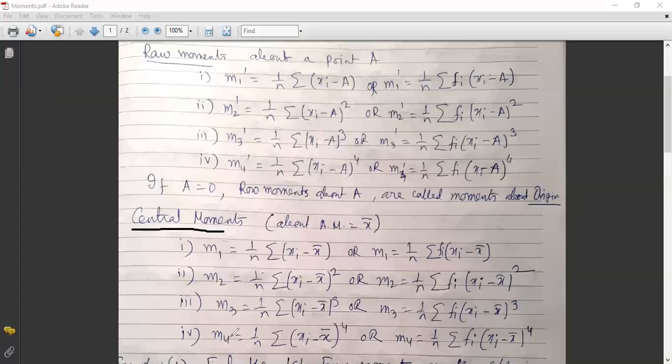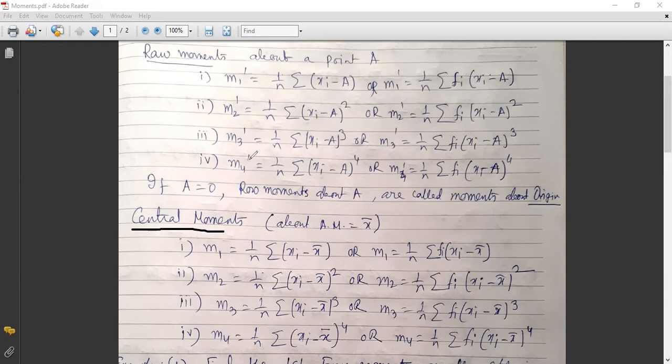Similarly, you can use the symbol M5 for the fifth order, M6 for the sixth order central moment, and so on. In most cases, for calculation of kurtosis and skewness, we require only up to the fourth order moment, not more than that.